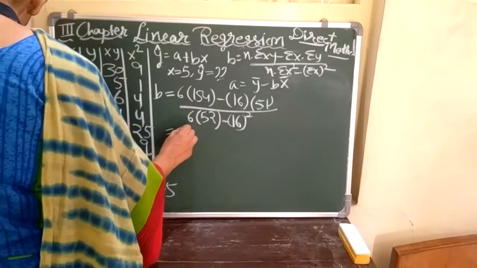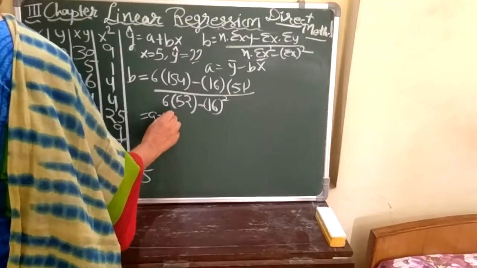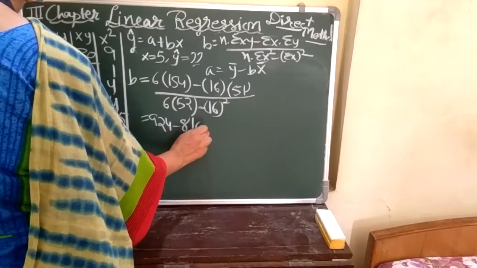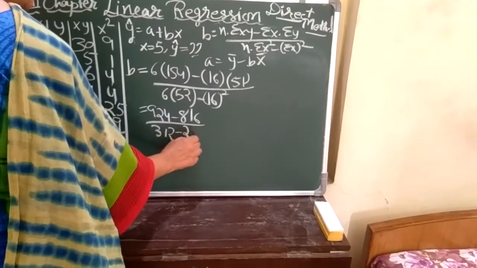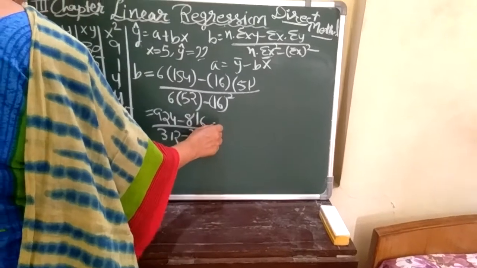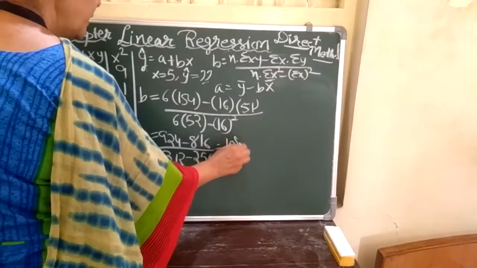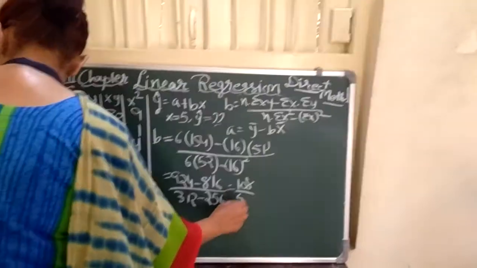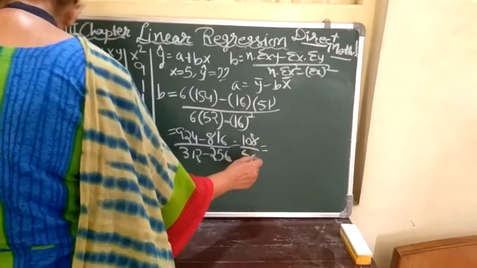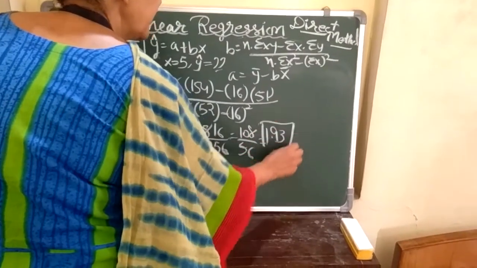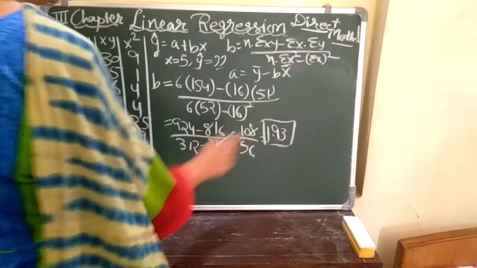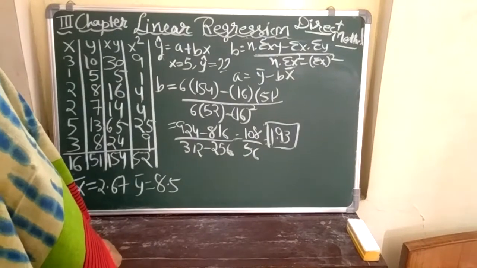It will be 924 minus 816 upon 312 minus 256. That comes to 108 divided by 56, which will be 1.93. So the value of B is 1.93.